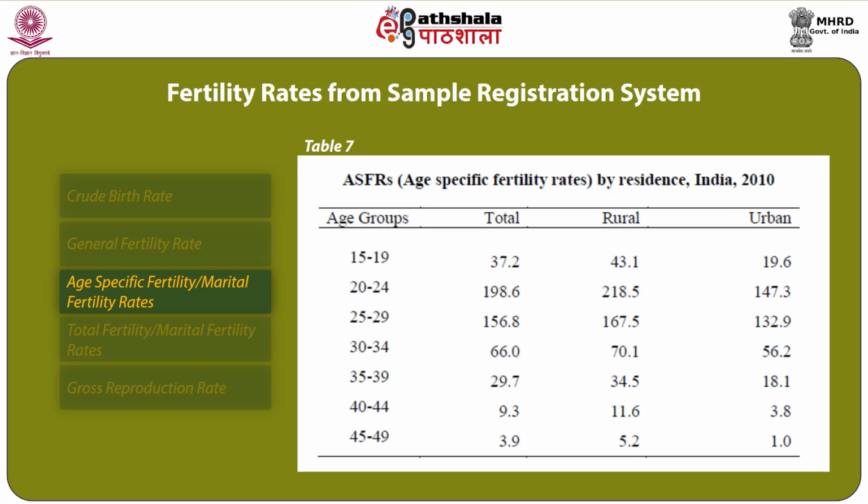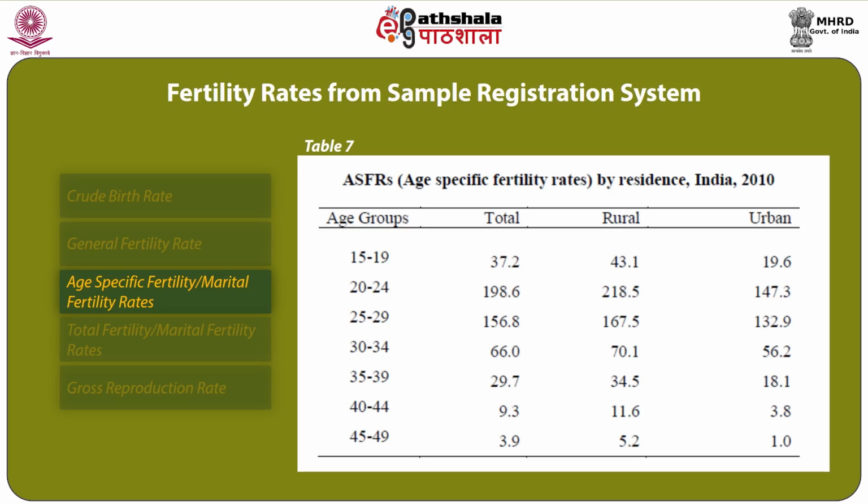For instance, in 15 to 19, the rate for rural areas is as high as 43.1 as compared to the low level of 19.6 in urban areas.